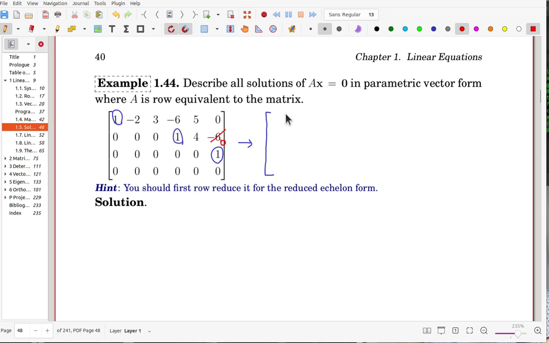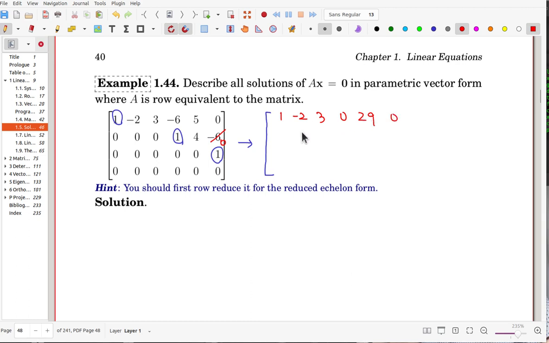Here, the first row will become 1, minus 2, 3, and 6 times added, that will become 0. 6 times added, so that will become 29 and 0.